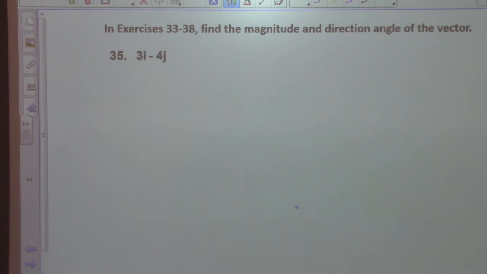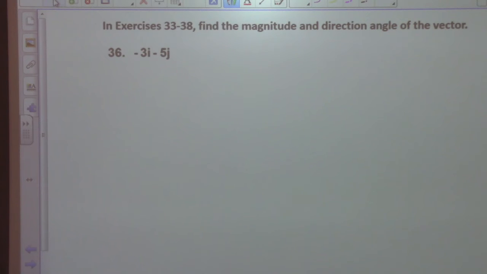Let me see what we have for the rest of these, 38. Okay, good, we got four people left here. So we have everyone and you do one of these: 35, 36, 37, 38.